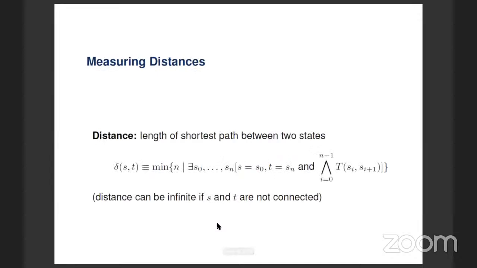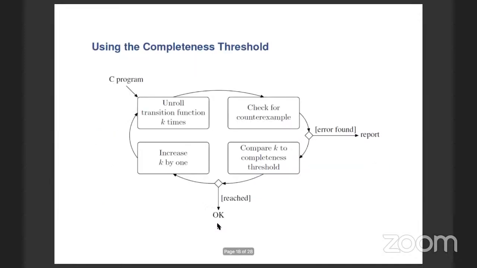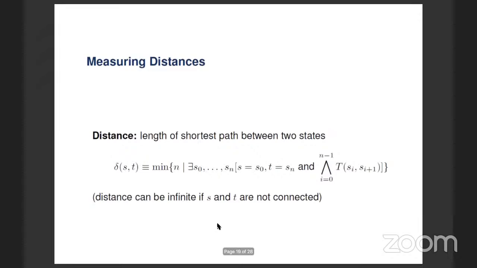Now, let's briefly look at, so let me define a few things. Remember the measures for two states in a Kripke model that are connected by a path.